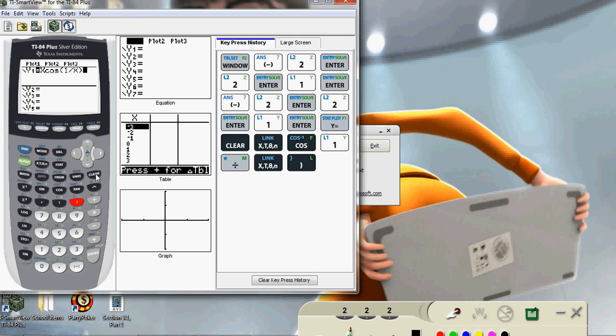Now that's going to give me everything except right at 0. Notice that if we tried to plug in x equals 0 here, we would get an undefined function. So that's why they put x equals 0. Now as we graph this, look at what happens right at the origin.